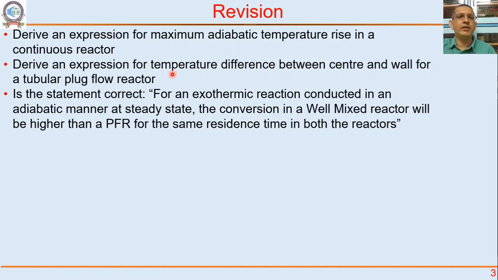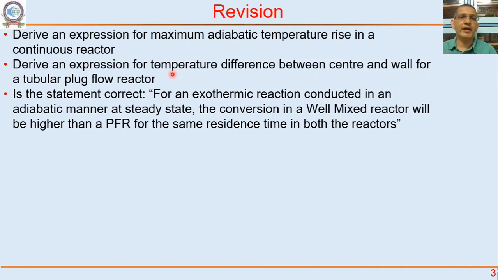Second, derive an expression for temperature difference between center and wall for a tubular plug flow reactor, between the temperature at the center line of the reactor and the wall of the reactor, for a reactor that could be adiabatic, or where heat is being transferred to outside. Calculate that and think about what the implications are in terms of reactor operation.